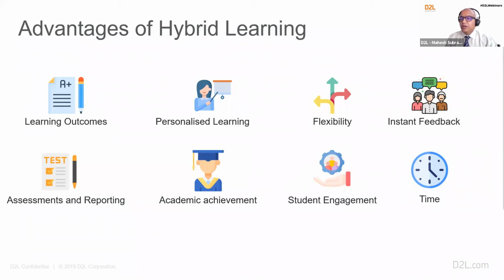And a hybrid learning model gives you the ability to save time. Like I said, in today's world, when we have a 50-50 breakup of the classroom, I can still finish my curriculum through the year because every class consists of 100% of the classes. I don't have to worry about missing out on 50% on a daily basis, right?